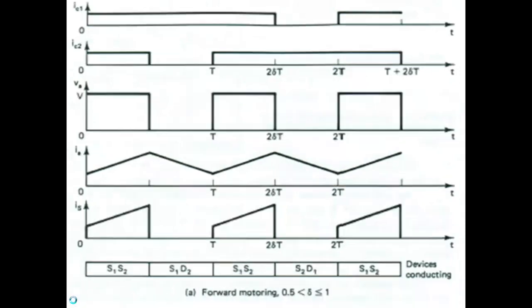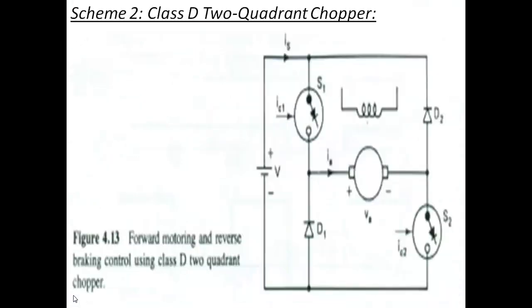Now we will go into the operation of the circuit. See here, these are self-commutated switches, S1 and S2, and two diodes, D1 and D2. This is the motor, this is the energy storage system, and this is the source.